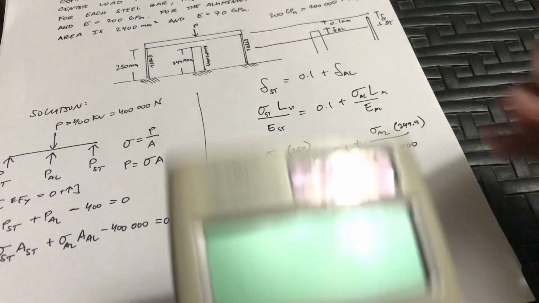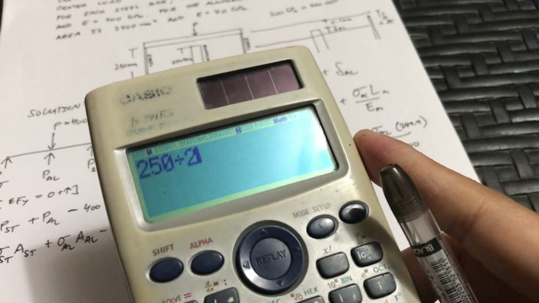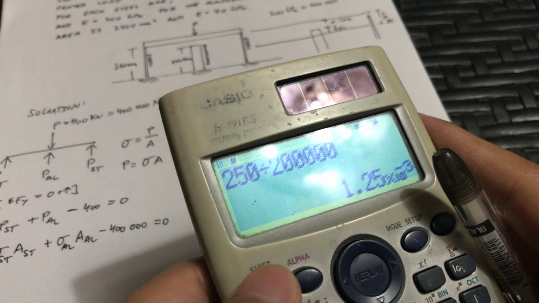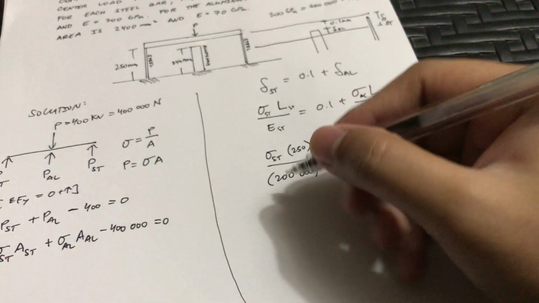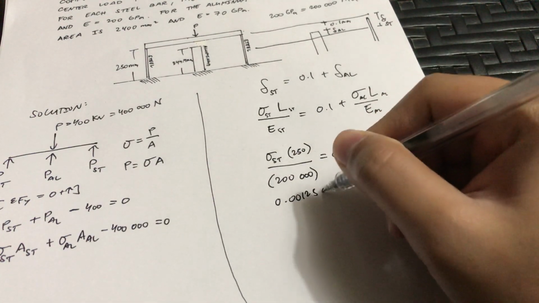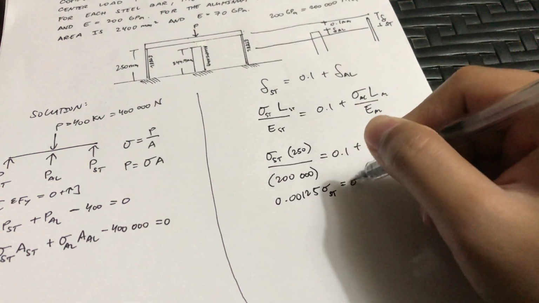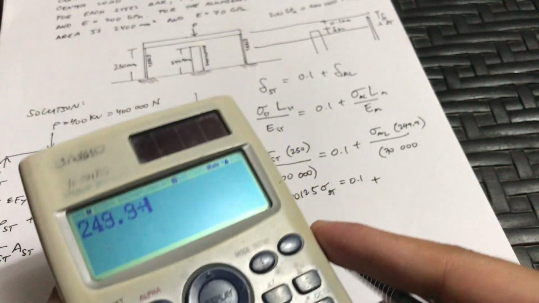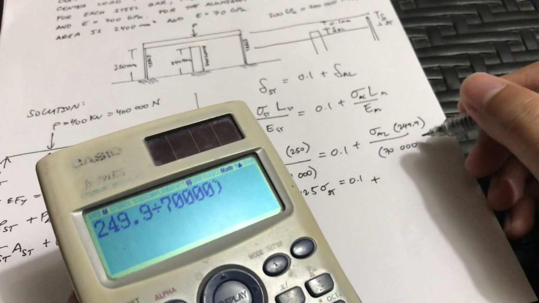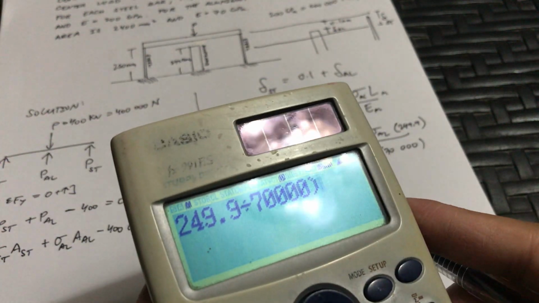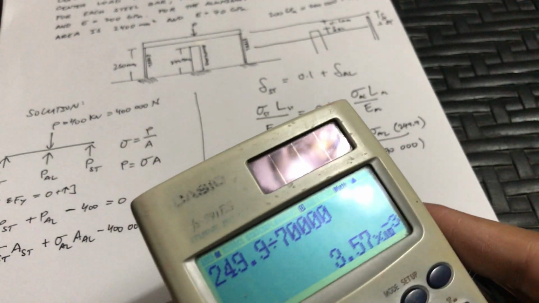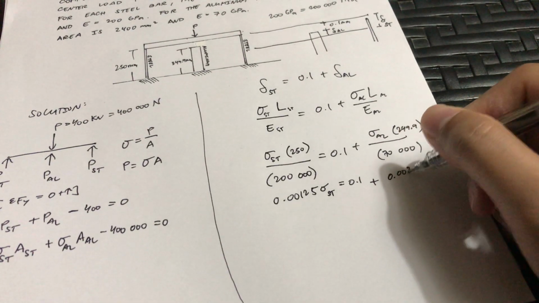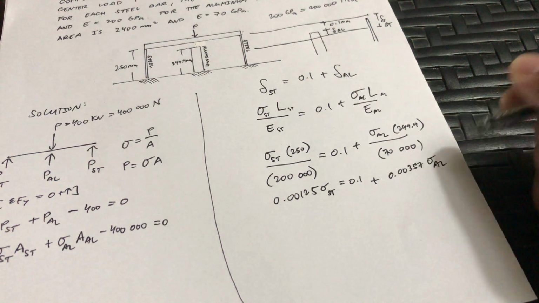Simplifying 250 divided by 200,000, we get 0.00125 stress of the steel equals 0.1 plus 249.9 divided by 70,000, we get 0.00357 stress of the aluminum.